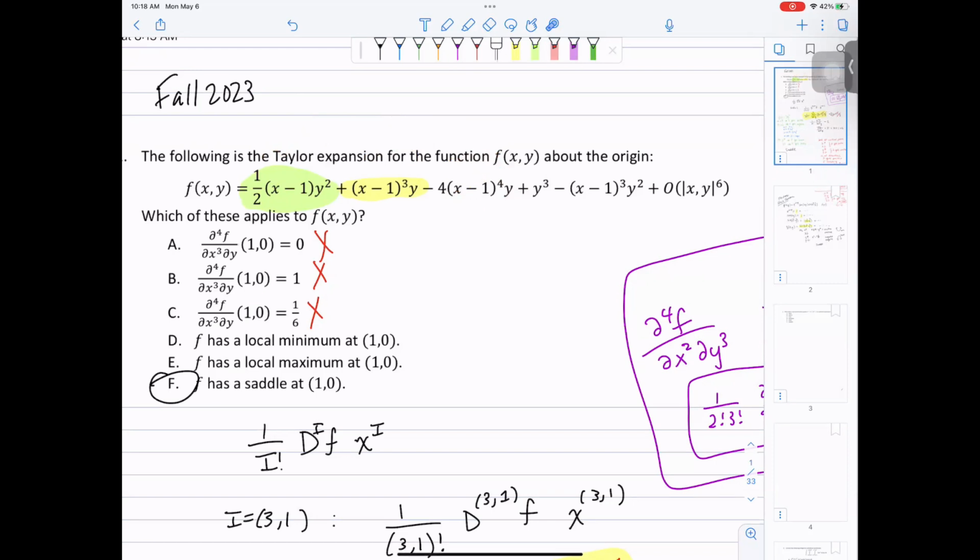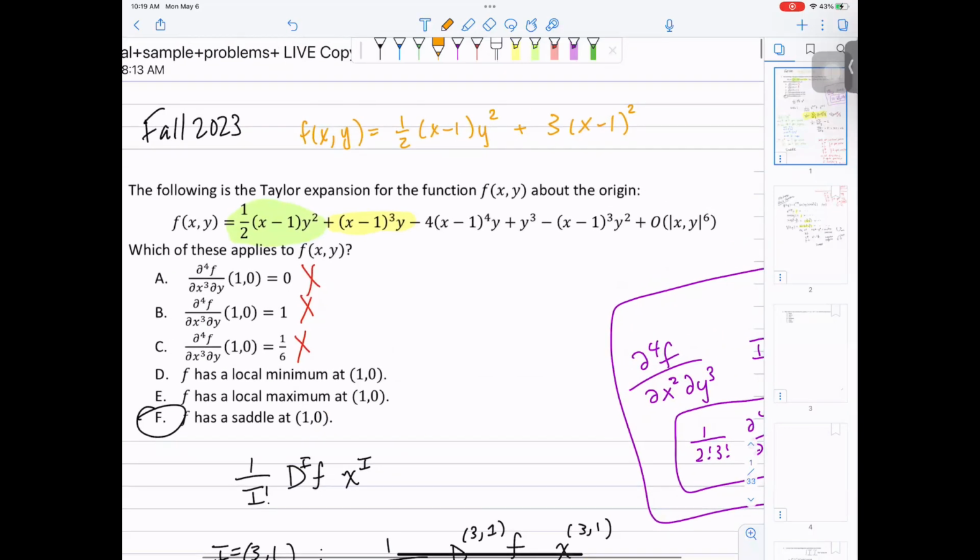So find the lowest degree possible, and see all the terms that have that degree. So if my Taylor series was like 1/2 x minus 1 y squared plus, I don't know, x minus 1 squared y, if it had the same degree, then you look at both of those.